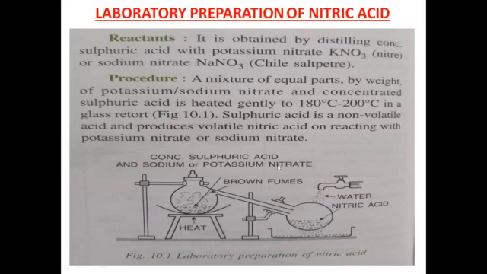Then when we start heating this, brown fumes start coming, and these brown fumes are collected in this flask. Since the reaction is exothermic and the gas produced is very hot, it is to be cooled by passing water outside the flask.